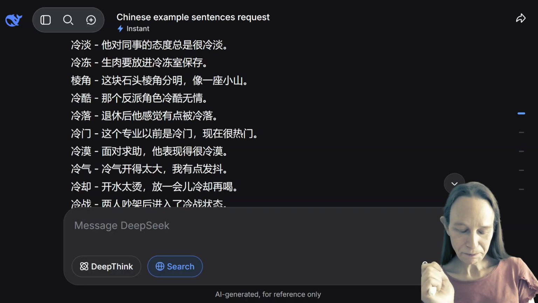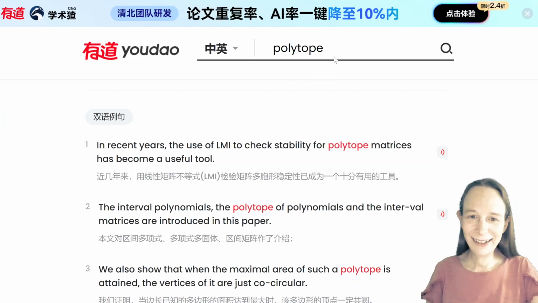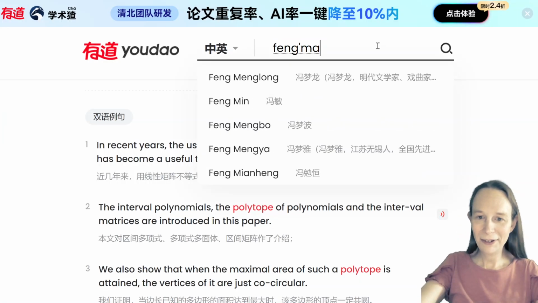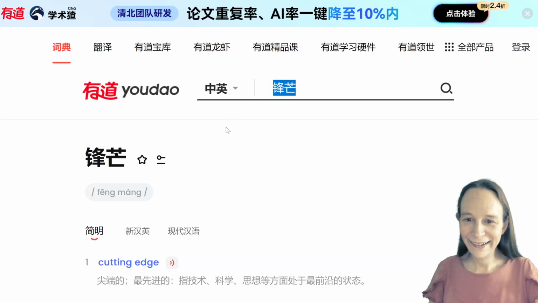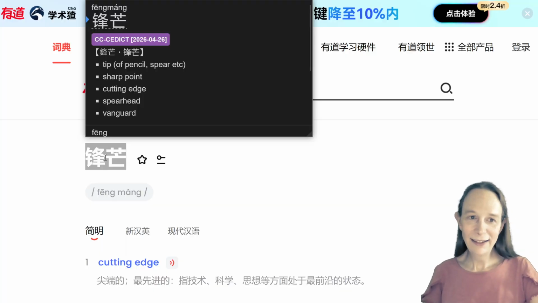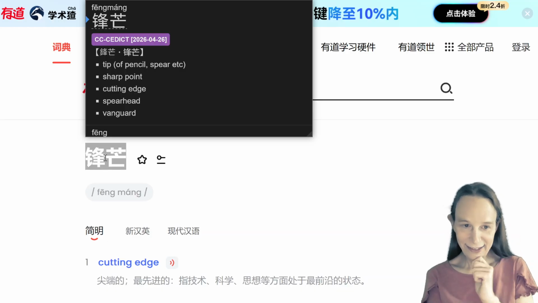比喻, 显露锋芒. What does that mean? I don't know that word. 锋芒. Is this a word? 锋芒. All right, so it appears to be this.